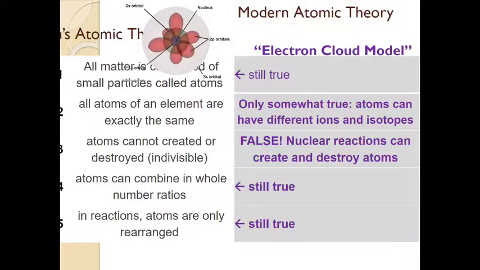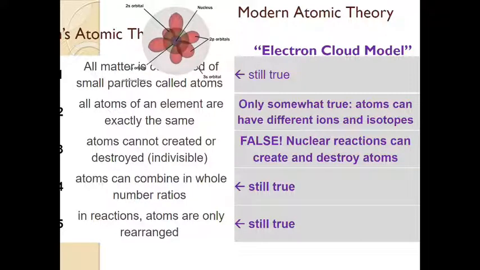So the 2 rules that aren't true, technically, are 2 and 3. All atoms of the same element aren't exactly the same. We're going to talk about things called ions and isotopes in class next time, and those are how we can have the exact same element of carbon, but have a couple different variations of carbon. And then in 3, Dalton said atoms can't be created or destroyed, but that's actually false.